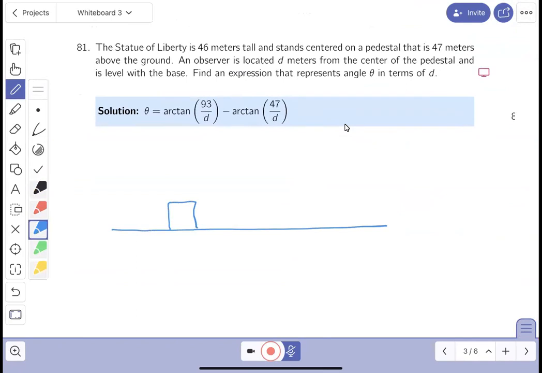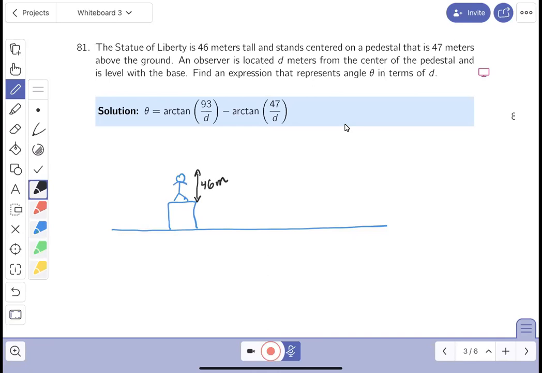The Statue of Liberty is 46 meters tall. Right, we'll put the statue down. It's a woman, right? I guess she looks sort of like this. Not a very good Statue of Liberty, but the Statue of Liberty is 46 meters tall. That's a really big meter. She's 46 meters.